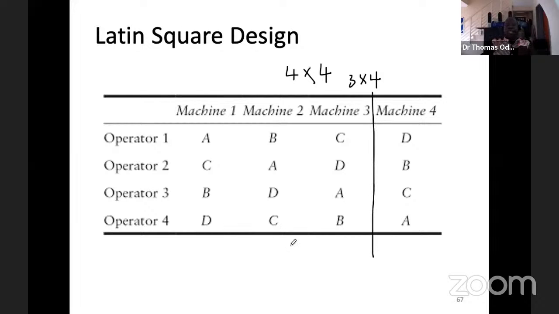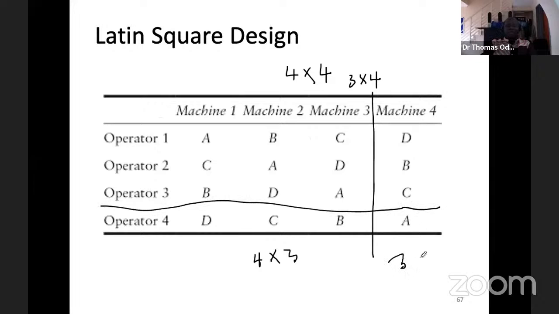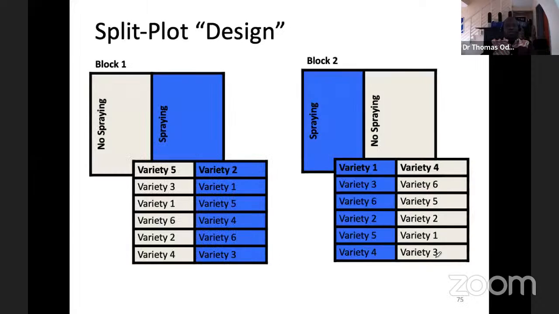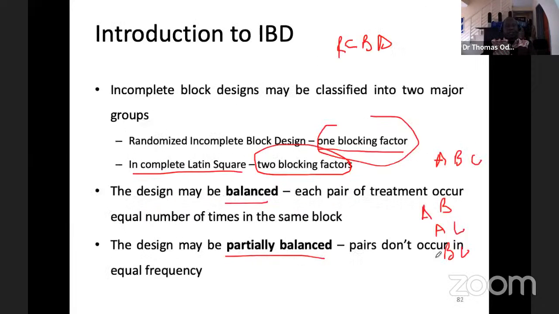So in this case, we have a 4 by 3. Or you can cut off both of them like this. So you end up with a 3 by 3, you're still in a Latin square, but now in this case it is not complete. Okay, so that's what the statement that we talked about implies.